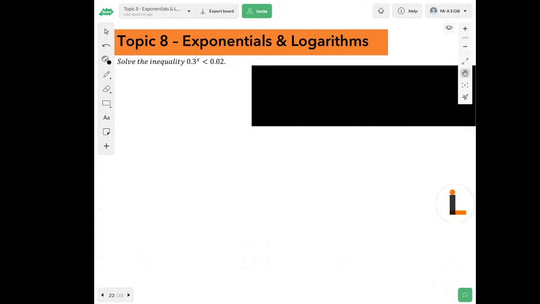So let's take logs of both sides. We're going to get log 0.3 to the power of x is less than log 0.02. And then we use our log laws to bring this index down. So we get x log 0.3 is less than log 0.02.